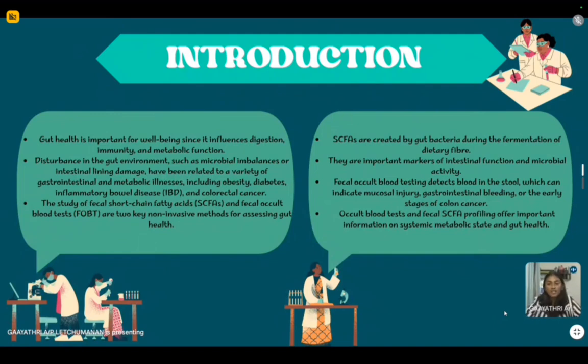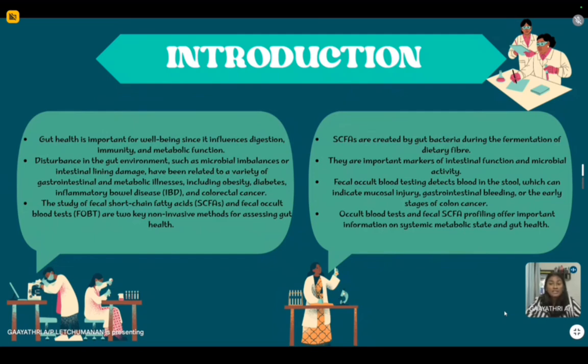Let's move on to the definition of SCFA, short-chain fatty acid, and fecal occult blood. Short-chain fatty acids are created by gut bacteria during the fermentation of dietary fiber. They are important markers of intestinal function and biochemical activity.